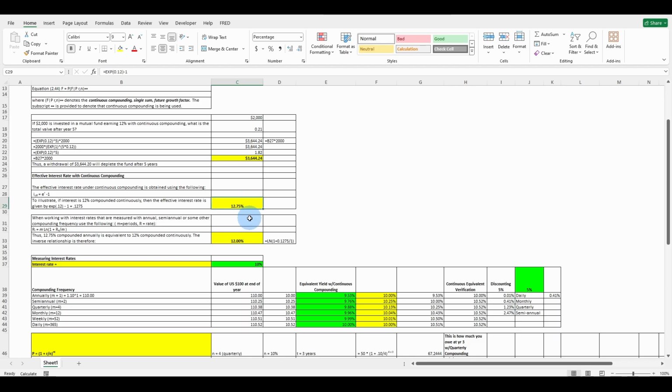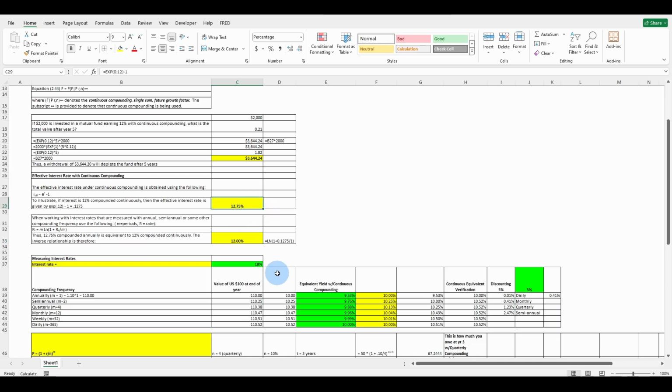No, other way around. Sorry. This is continuous compounding on an annual basis. So the 12.75% compounded annually is equivalent to 12% compounded continuously. I just said it backwards. 12% continuous compounding is equivalent to 12.75% annually.